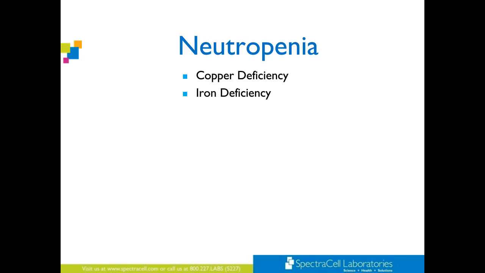But if we see a decrease in white blood cell count along with neutropenia, then you want to think of copper. Now, iron can also cause an abnormal white blood cell count and occasionally neutropenia, but copper is more common to do that.